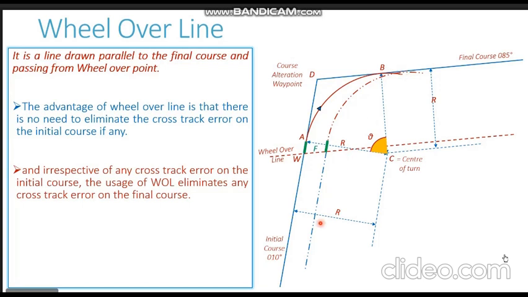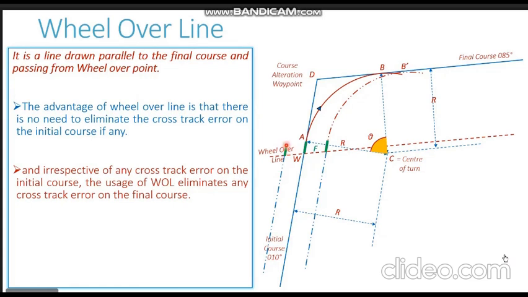Likewise, you can take another example. If we have a cross track error on the other side, the vessel is on this side of the actual initial course. If it is moving on this particular track, as soon as it touches the wheel over line here, at this particular point, you put the wheel over, and the vessel moves this much distance, the reaction distance.